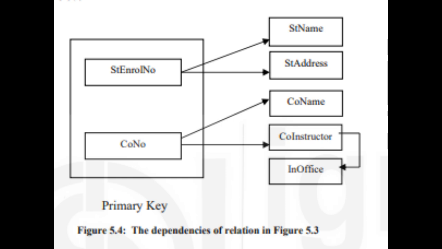2. Insertion anomaly. Note that the primary key of the student relation, as given in Figure 5.3, is a composite key consisting of enrollment number and course number. Any new tuple to be inserted in the relation must have a value for both the attributes of the primary key, as the entity integrity constraint requires that a key may not be totally or partially null.